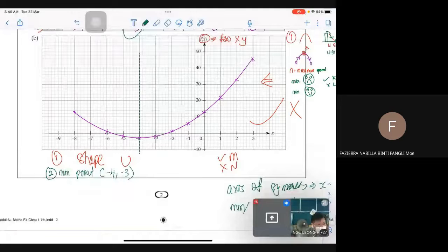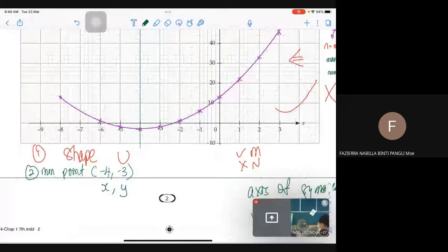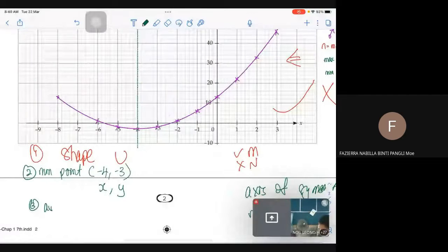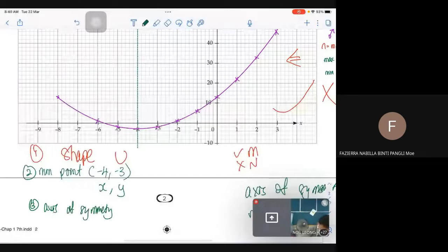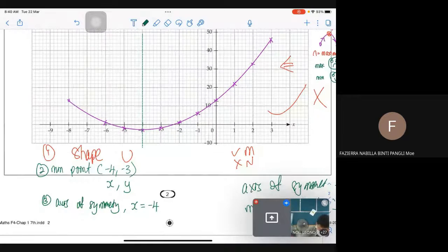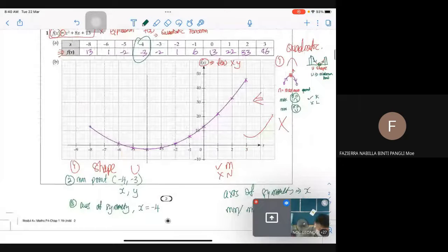Oh, this one you understand now? And this is the value for x, this is the value for y. That means the axis of symmetry is equal to x = -4. You take the value for x.